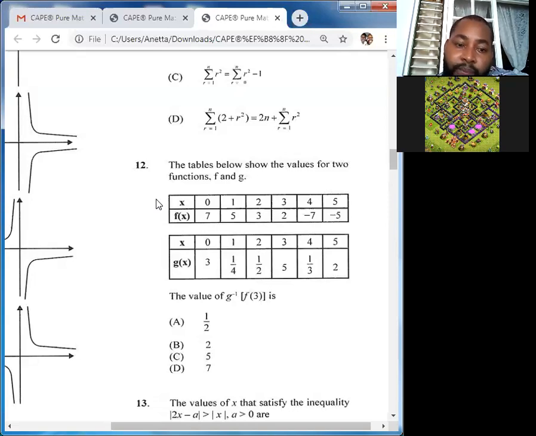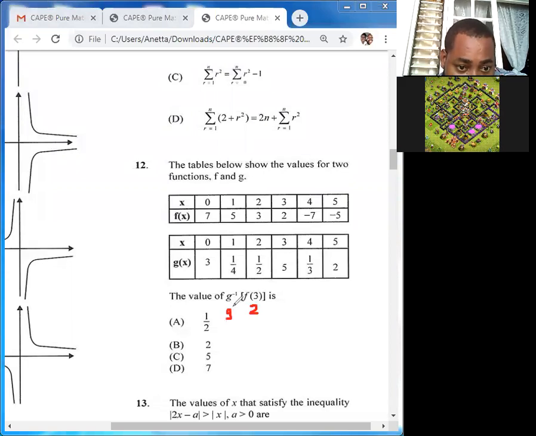All right. So f of 3 is actually equal to 2. From the table right here, when the input is 3, the output from the function f is 2. So I can just insert 2 in here. And now I want to know what g inverse of 2 is.